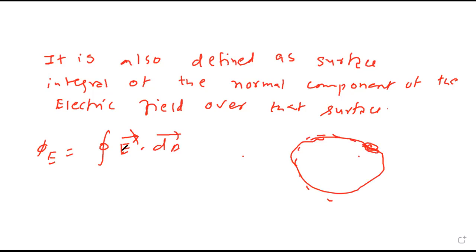So it can also be written as integral of E bar dot dA bar. Yes, this sign is integral. The circle means complete surface. That means you have to take all these surfaces.